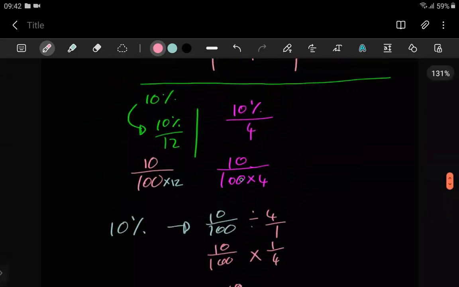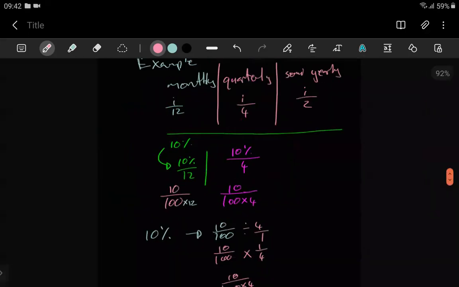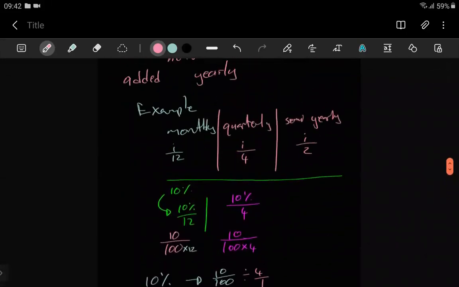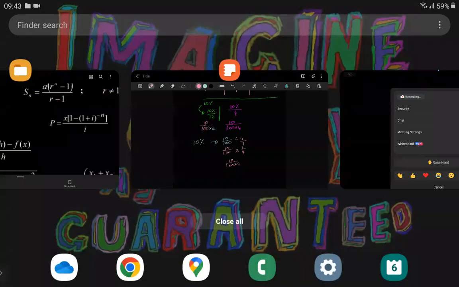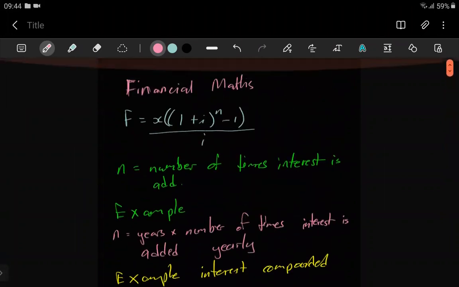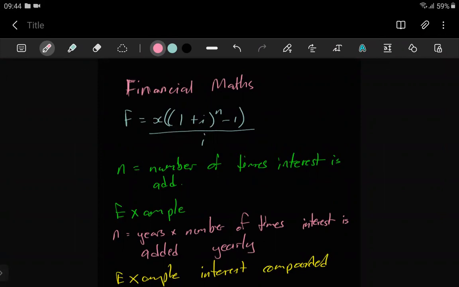If you want to write it like this, you can. If you want to write it like this, you can. You can just remember to put the division symbol in your calculator. In addition to everything we've just said, this applies whether you're using the P formula or the F formula. It works just the same.